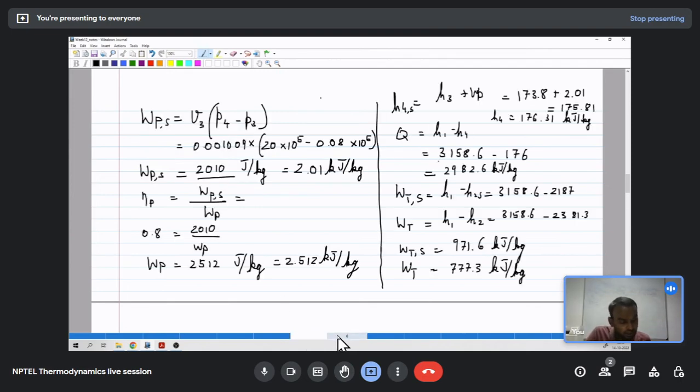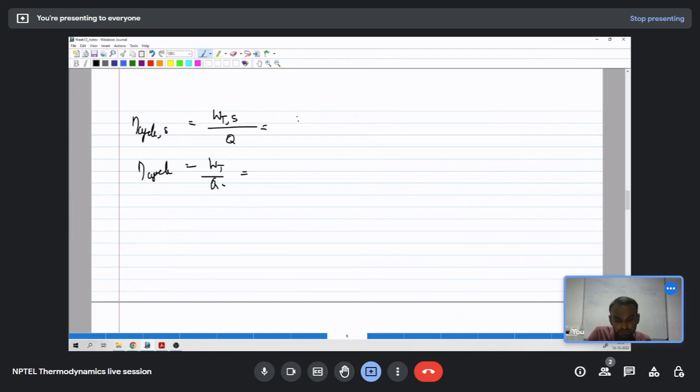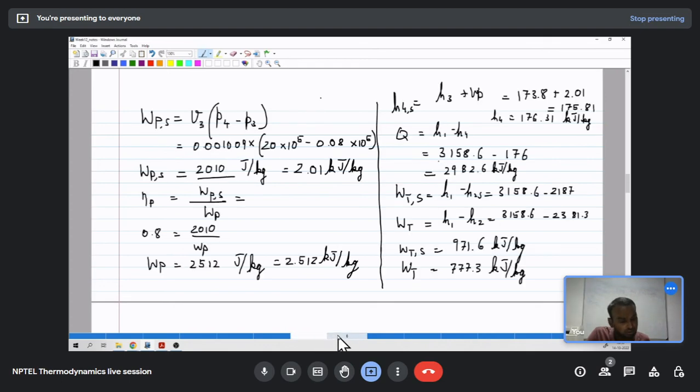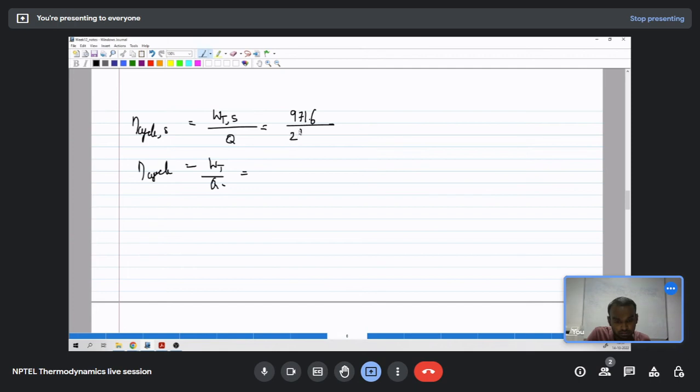Ideal turbine work is 971.6 divided by heat added, 2982.6, and here we have the same 2982.6 with the actual turbine work 777.3.